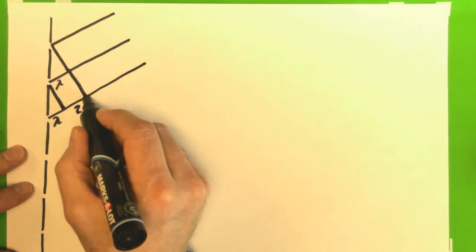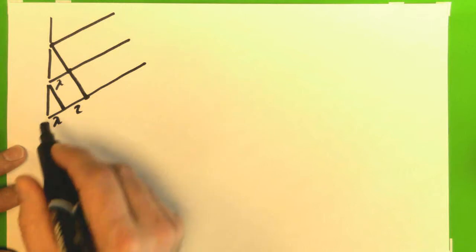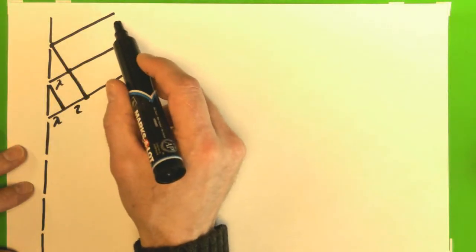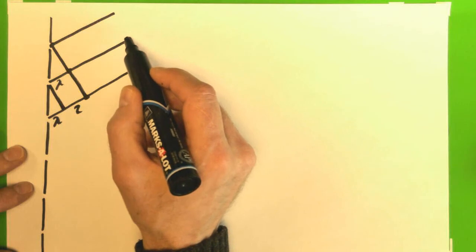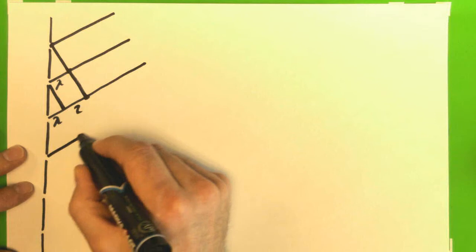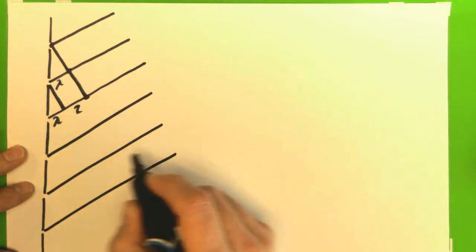So this point right here is still in phase with that one. That's going to add to it. So here we had 2 times the light of one, and we'll now have 3 times the light of one. And we can continue that as we look at all these other light rays coming.